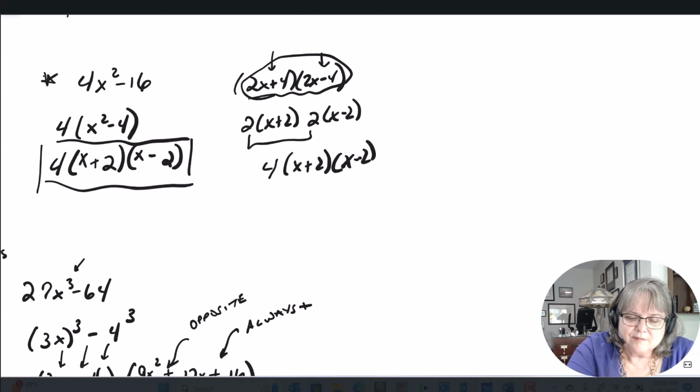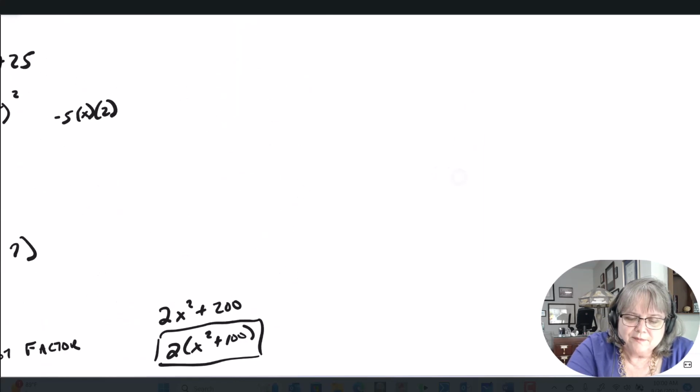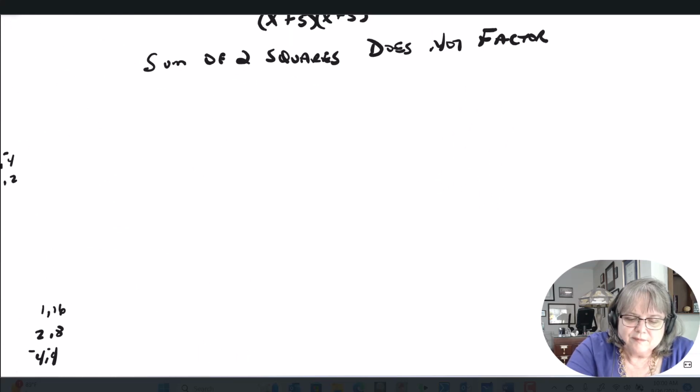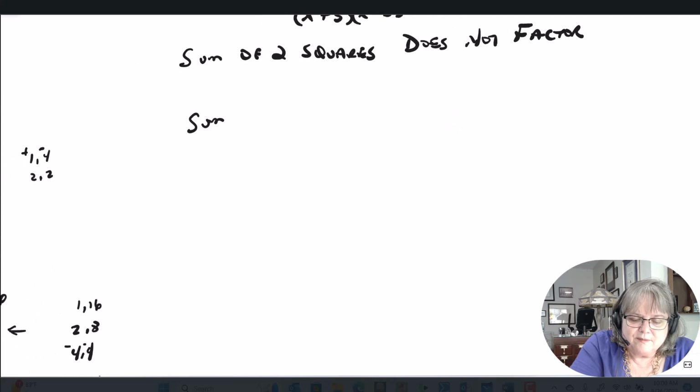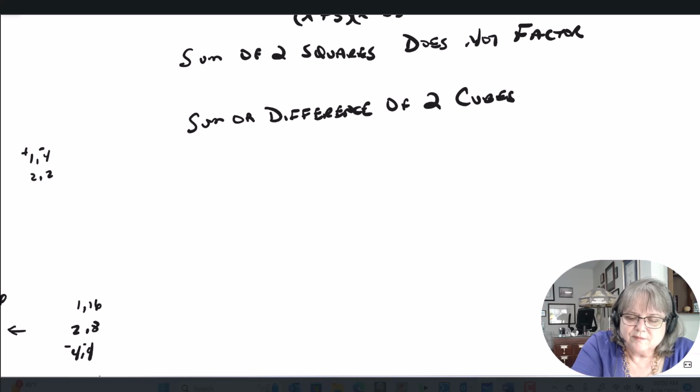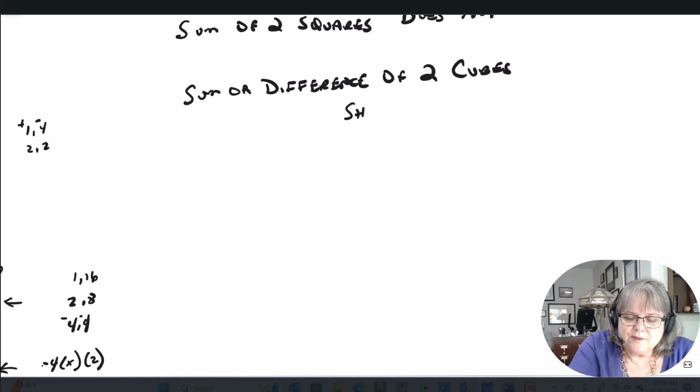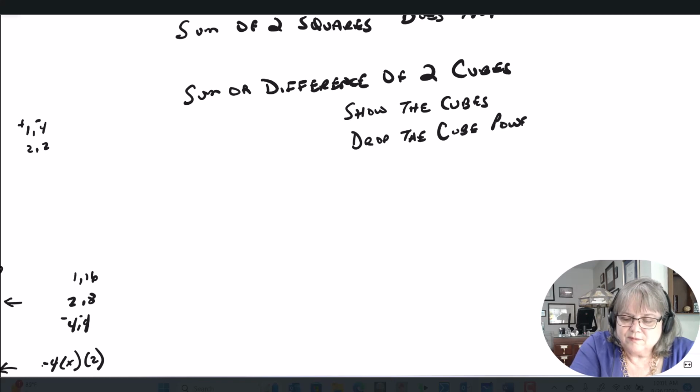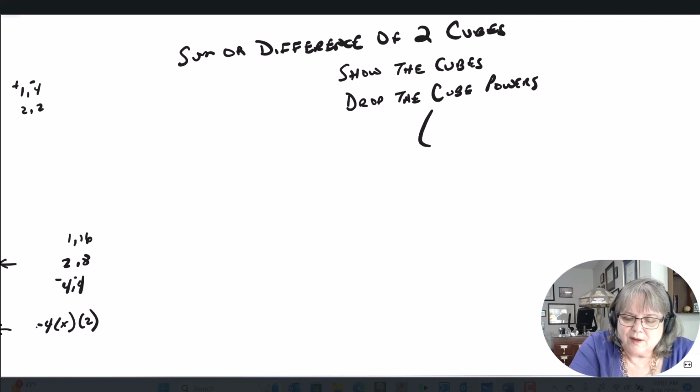Okay. Let's go all the way back up here. What if it's the sum or difference of two cubes? You show what you cubed, show the cubes. Drop the cubes, drop the cube powers, to make the binomial.